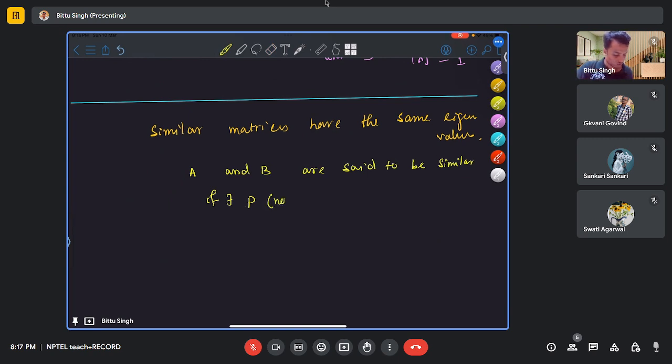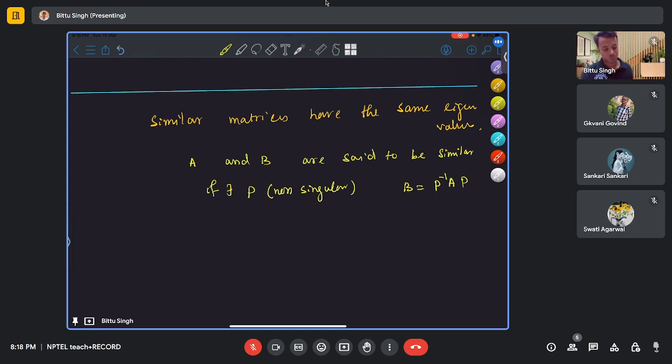P is non-singular such that B can be written as P inverse AP, or PAP inverse, whatever you write. Those types of matrices are called similar to each other. A is similar to B and B is similar to A, because you can also write A as P B P inverse. Just multiply by P and P inverse on both sides.